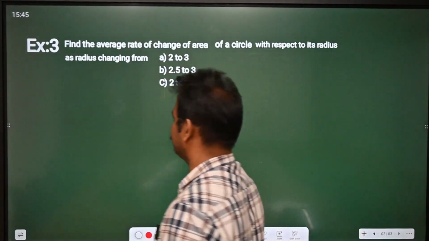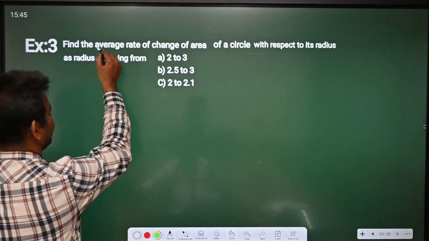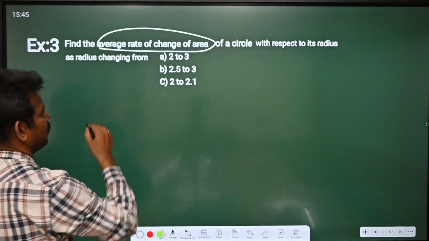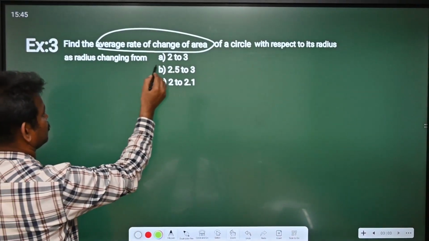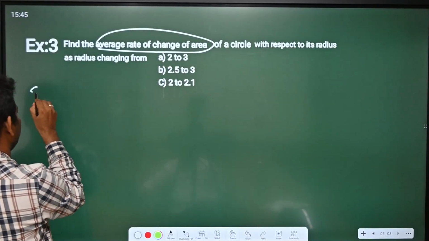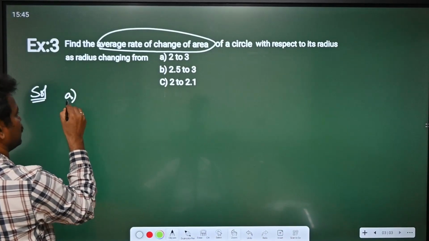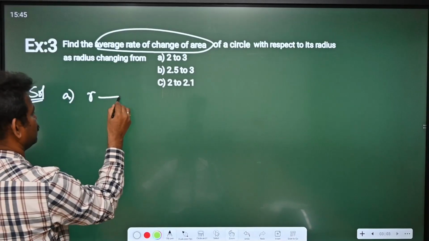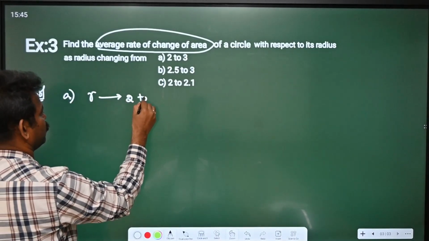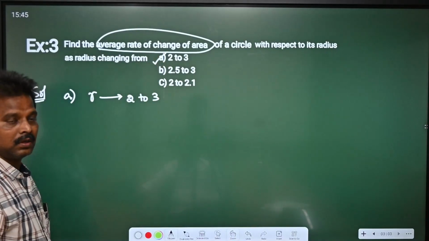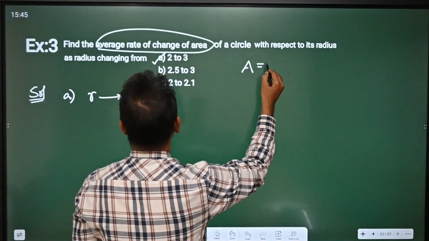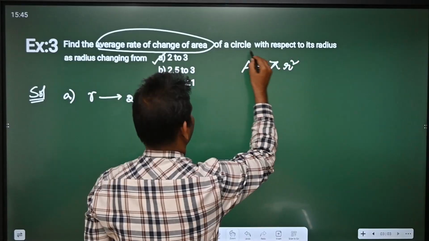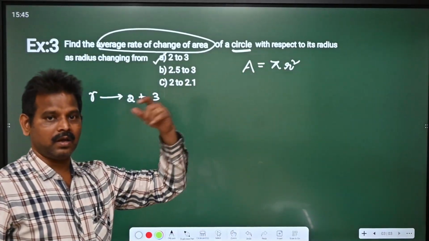Now, third problem. Find the average rate of change of area with respect to its radius. They have given three different problems. First, radius changing from 2 to 3 in the first case. First, area of the circle is given by pi r square.